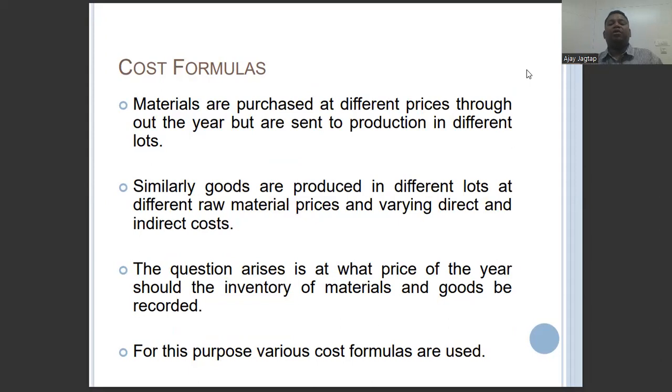Similarly, goods are produced in different lots, with different raw materials and varying prices, direct and indirect costs. The question arising is which price should be used for the inventory of materials and goods to be recorded. For this purpose, various cost formulas are used.